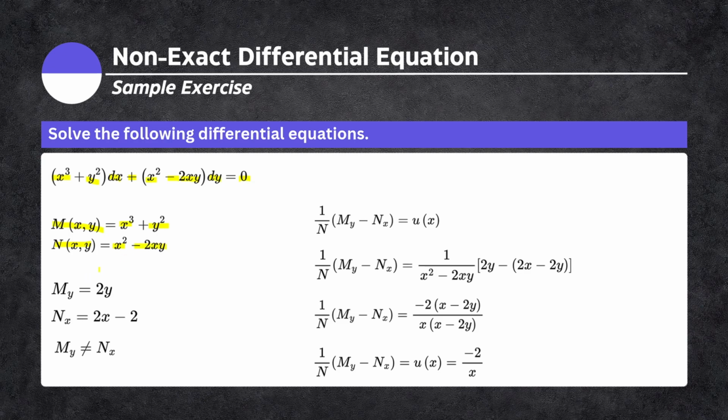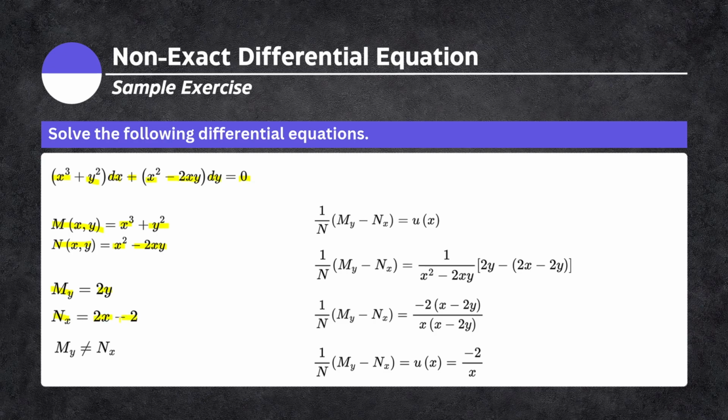To determine the exactness, we need to get the partial derivative of each function, M and N. The partial derivative of M with respect to y is 2y, and the partial derivative of the N function with respect to x is 2x minus 2.